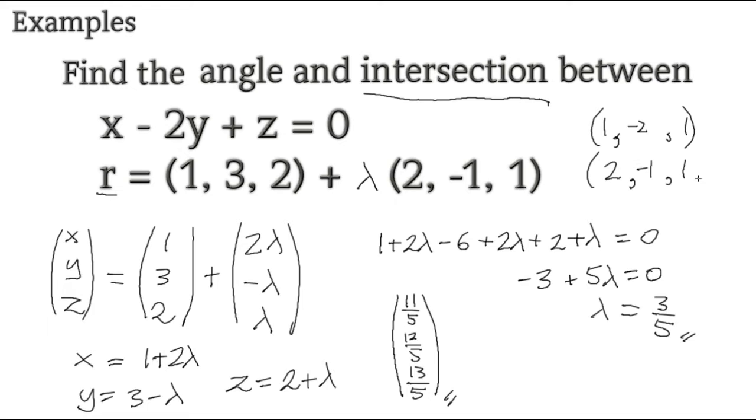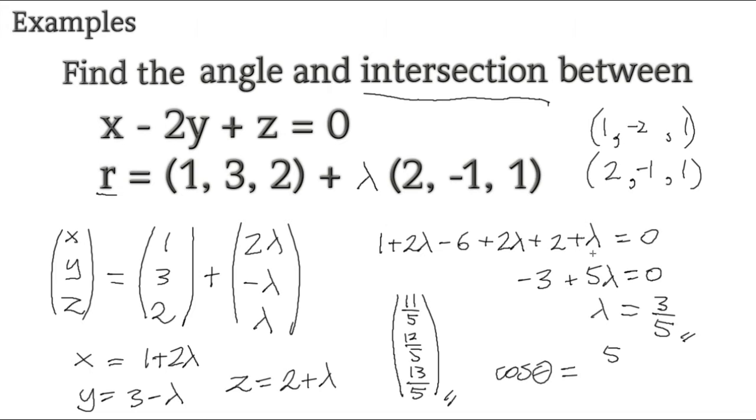With these values, we can now do a dot product. So to carry out a dot product, we recall that cosine of theta equals the dot product, which is 1 times 2 plus minus 2 times minus 1 plus 1 times 1 equals 5.